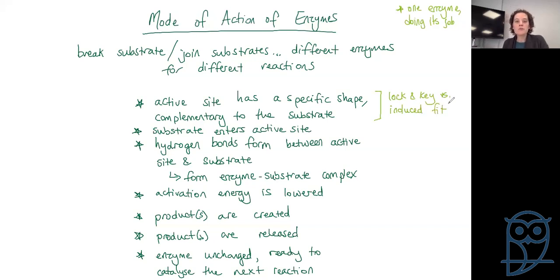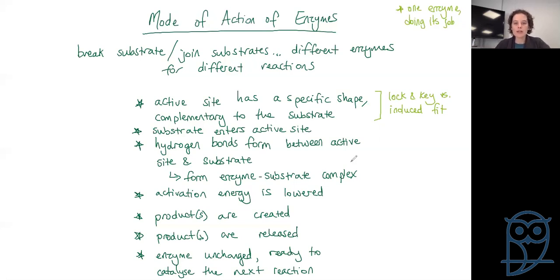If the focus was on the active site and how these two fit together, we would bring in lock and key and induced fit, because those are different ways in which we can understand and refine this specific shape and fitting together.